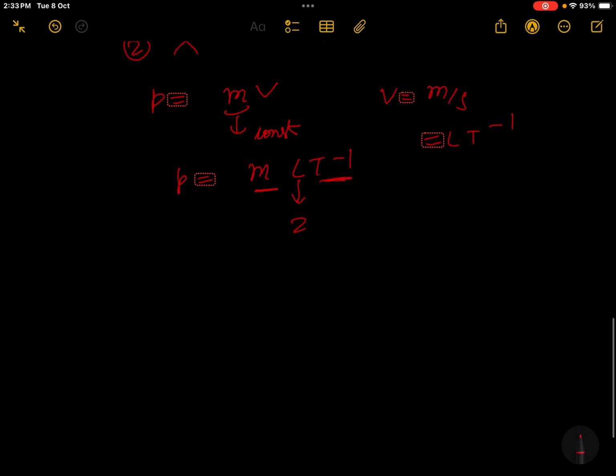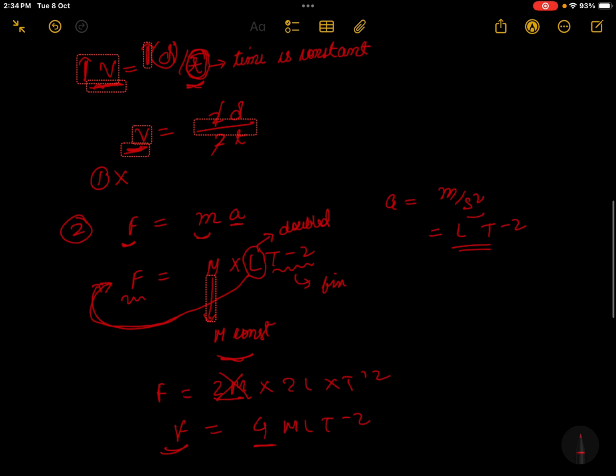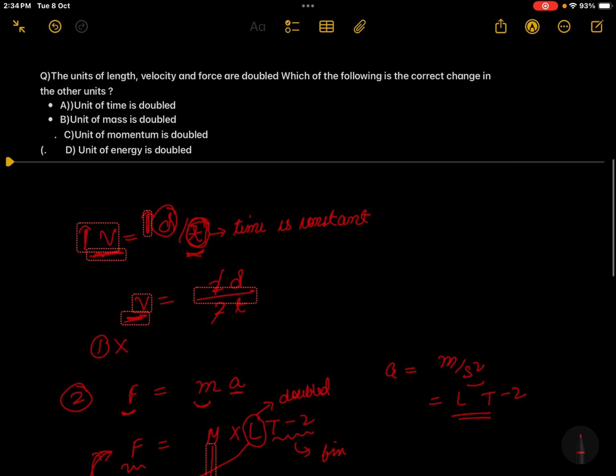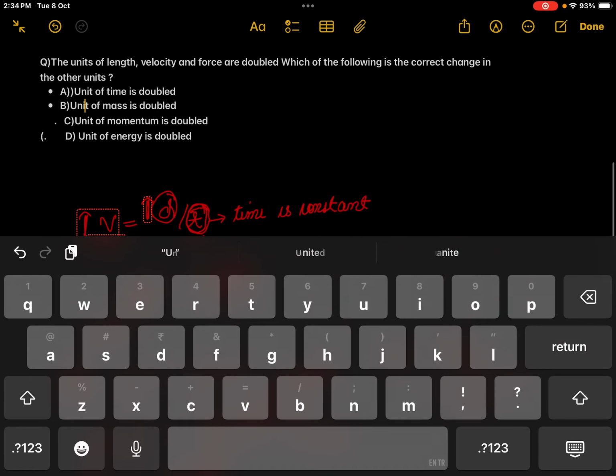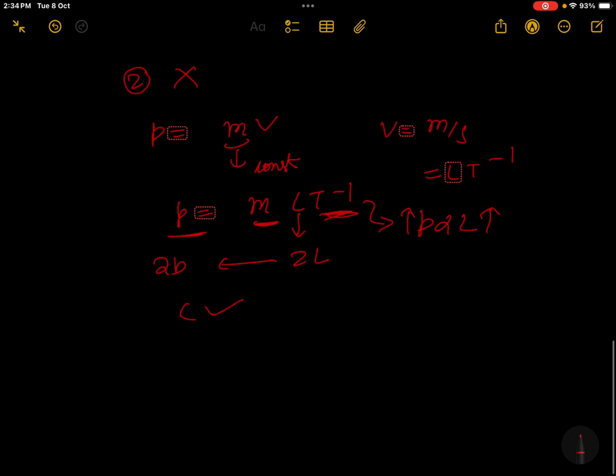So if we double the length, the momentum will also double, because we can easily see that the momentum is directly proportional to length, since m and t are constant. So option C is the correct answer.